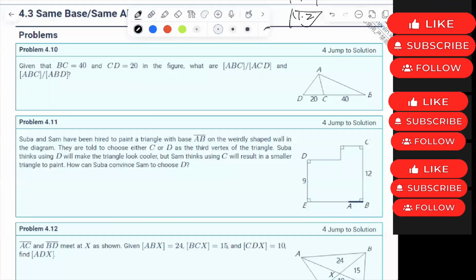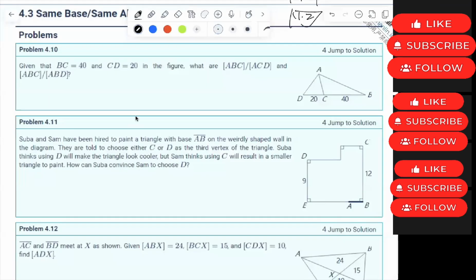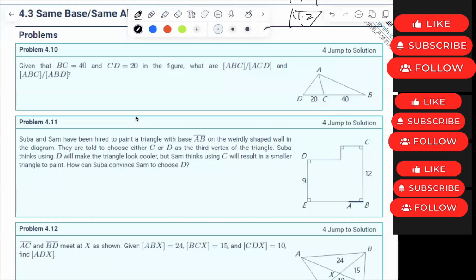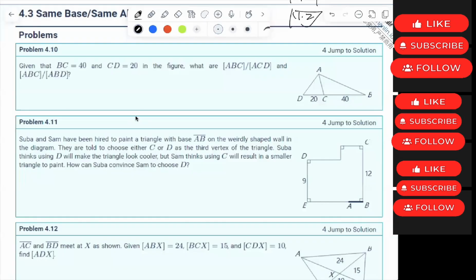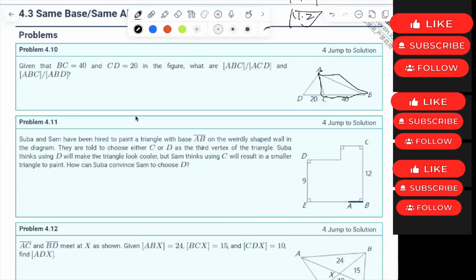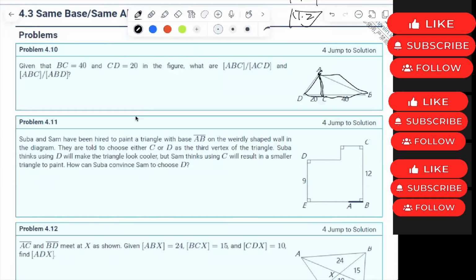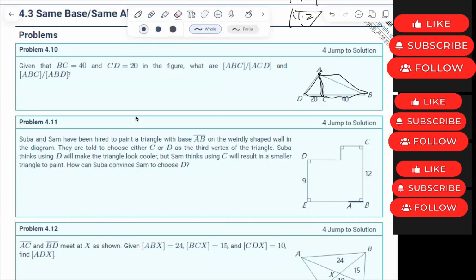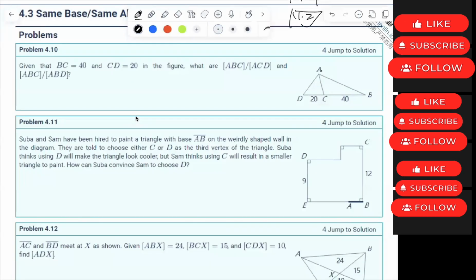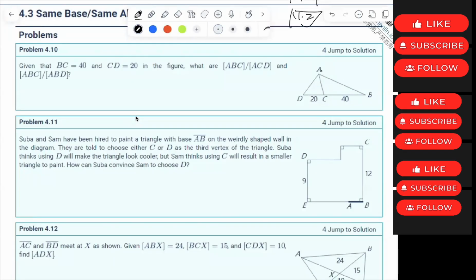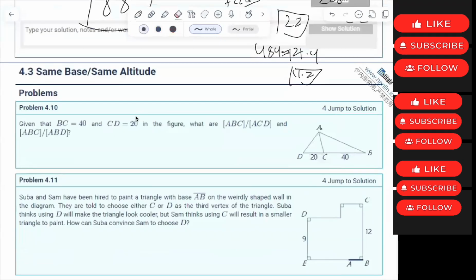All right, let's start with this question. What is ABC to ACD and ABC to ABD? So we're comparing ABC to ACD, and ABC to ABD. Notice that the height is the same. This chapter is about same height, same base, and same altitude.